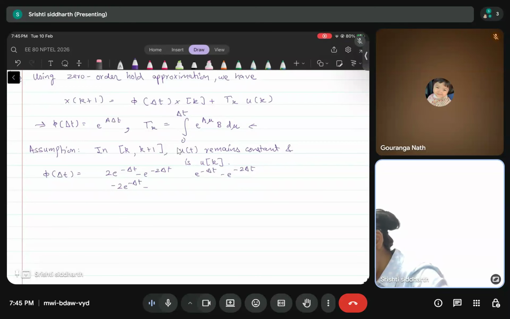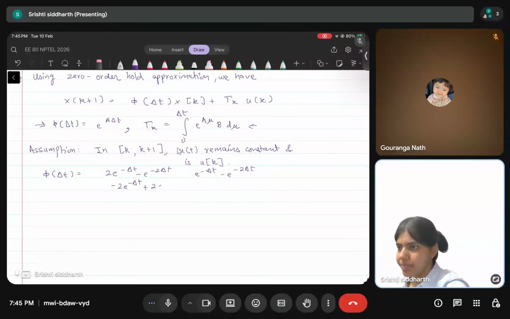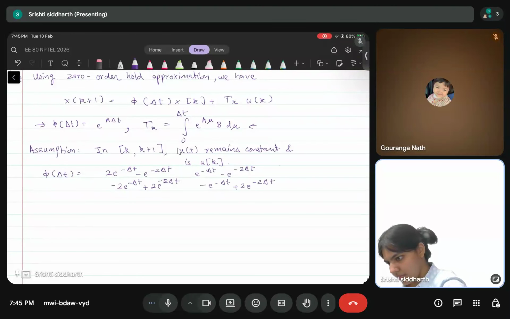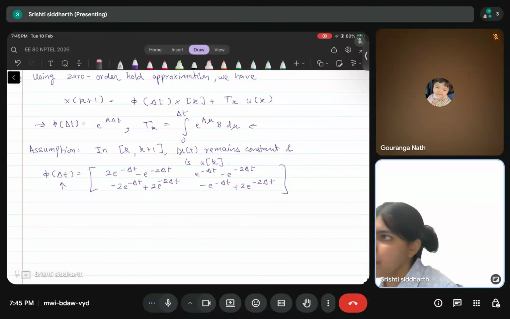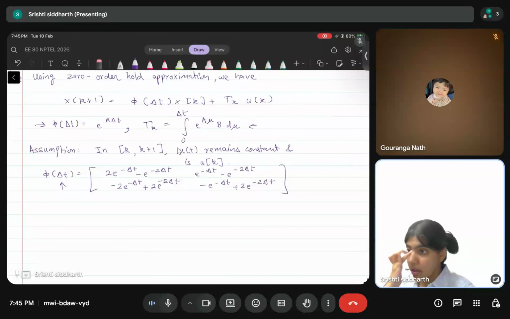I'm just substituting delta t in place of t. So we can choose delta t to be any value and substitute to get a numerical value of phi of delta t. Sorry, this is actually a bit different.